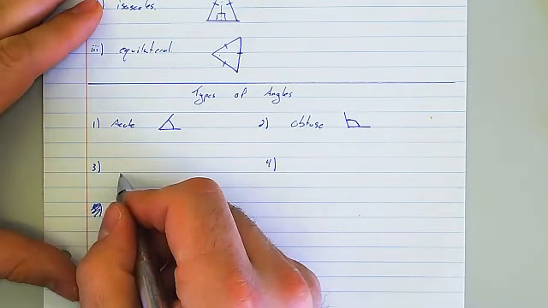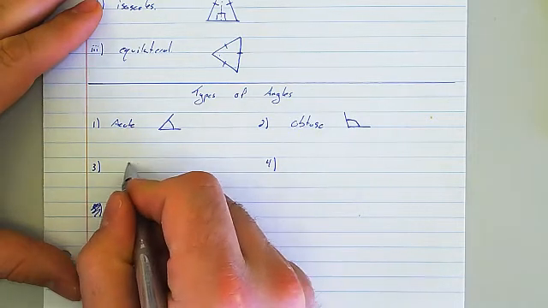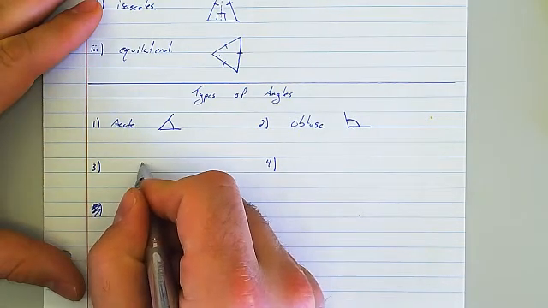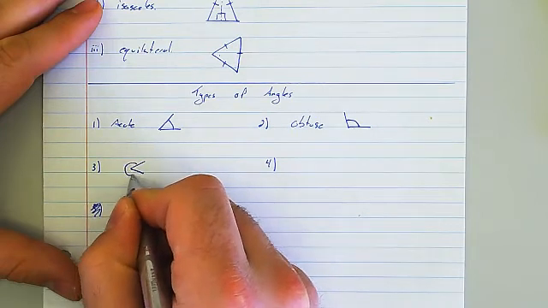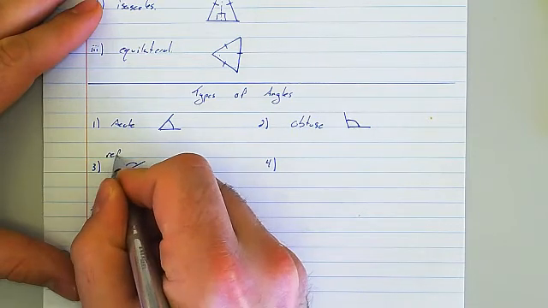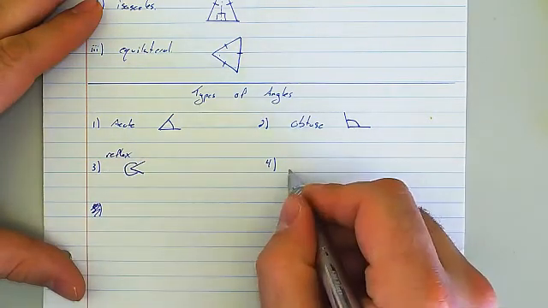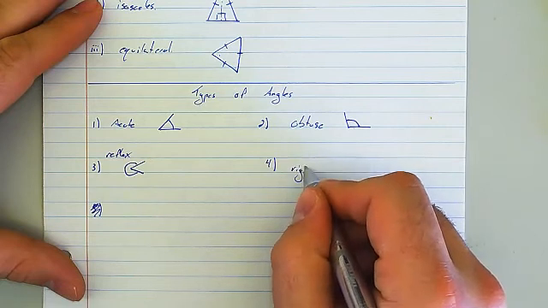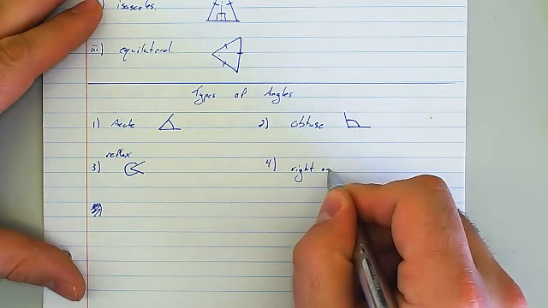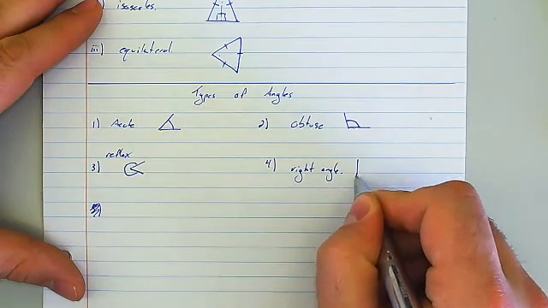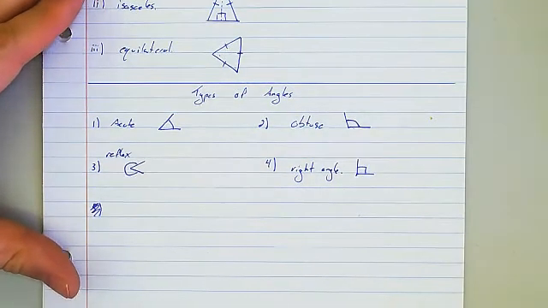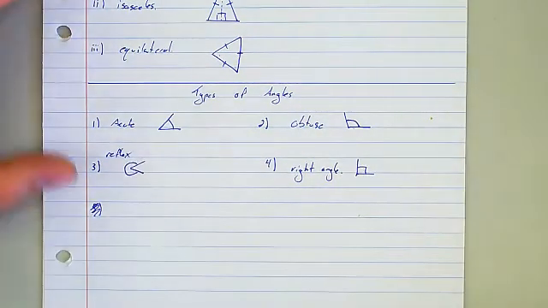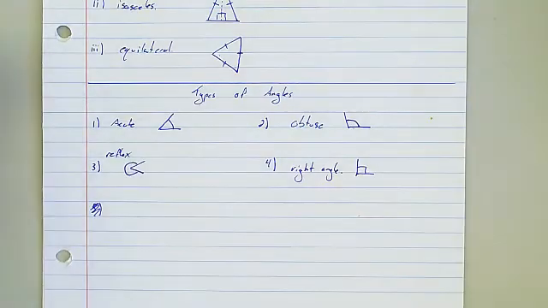There is a reflex angle, so anything that is over 180 degrees. So this would be a reflex. We just told you guys about the right angle, basically exactly 90 degrees. And there's technically 180, but that's not really an angle.